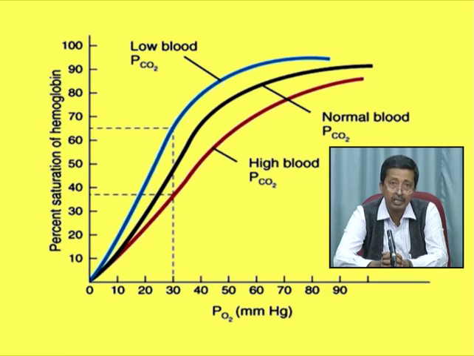Approximately here, if you see, more than 60% of hemoglobin can be saturated at a partial pressure of oxygen of 30. Whereas with a high amount of carbon dioxide and the same amount of oxygen, the percentage of saturation is less than 40%.